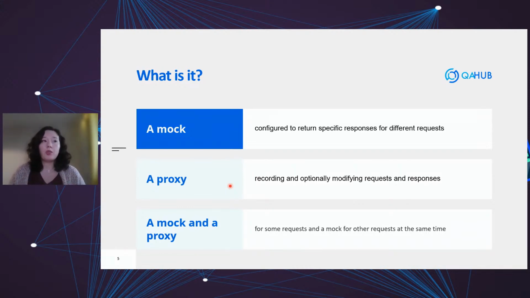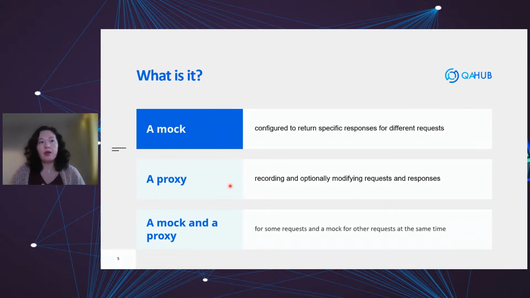Then we have a proxy. This is the instrument that we can use when we need to modify our requests and then forward them to the third-party system. It can also be used when we need to send specific requests and we want to somehow modify them.